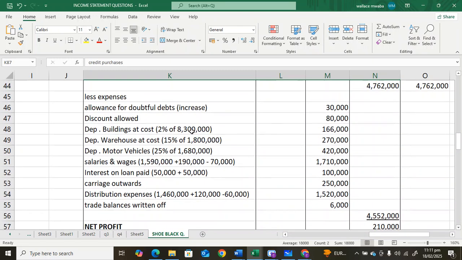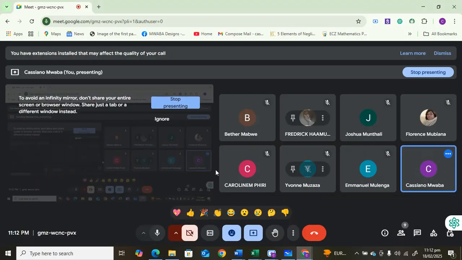Yes. The other expenses, carriage outwards. Do we remember what carriage outwards is? Not Mr. Emmanuel. Let me see the others. Mr. Emmanuel, you're the one who told us last time. Yes, colleagues. What is carriage outwards?